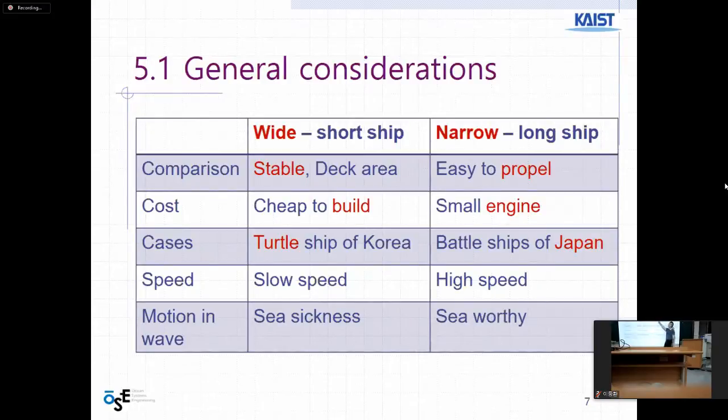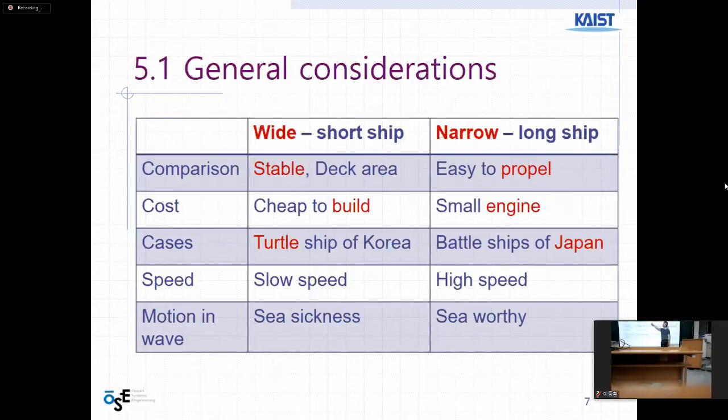And the property is that because it is wide, it is stable. Stable means it's not easy to capsize. A wide ship is not easy to capsize, and it also has a wider deck area. It is a fat ship. But this one is very narrow, so slender, and it is easy to propel through the waves and water.